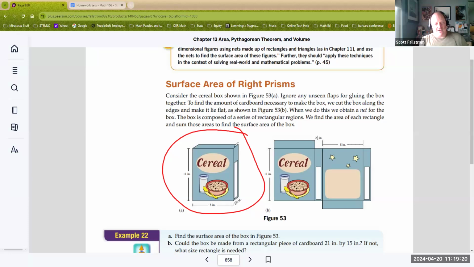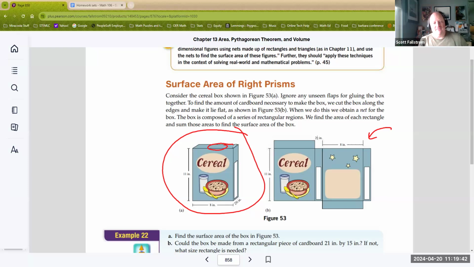So when you have this cereal box, think of the top, just kind of fold it up or cut it. Okay. Now you got to be careful here because when you actually tear apart a cereal box, there are additional pieces that are in there to be glued together to provide stability. But when you just cut right down the edges, this is the shape you're going to get. And that's what we're referring to.